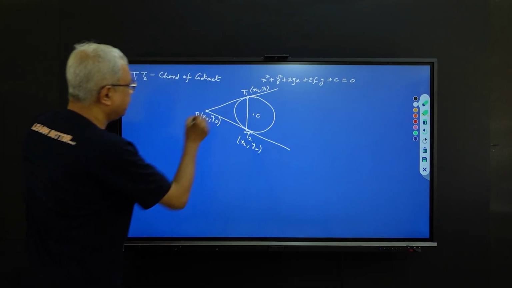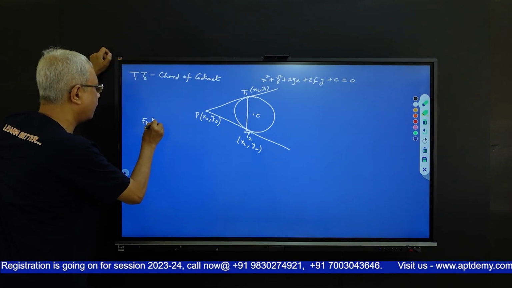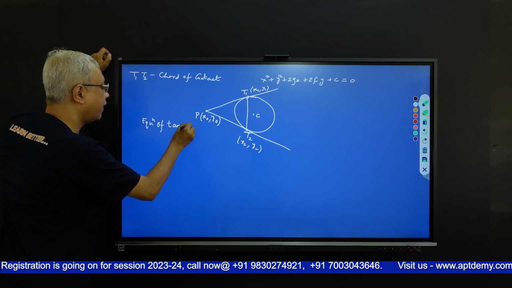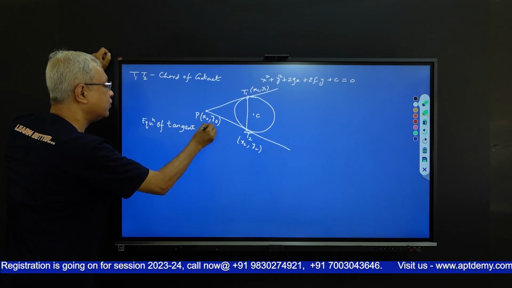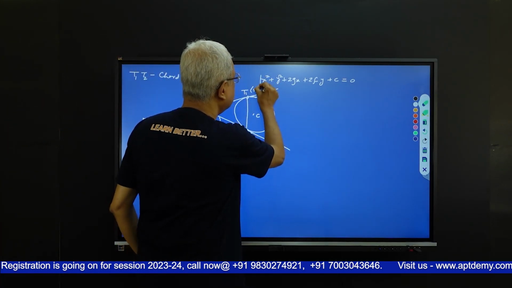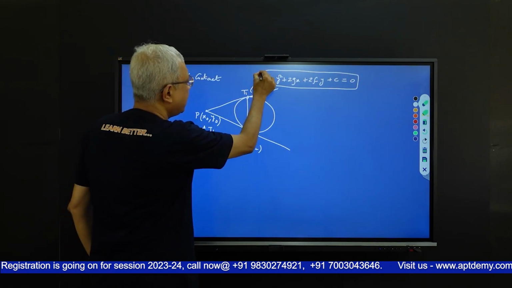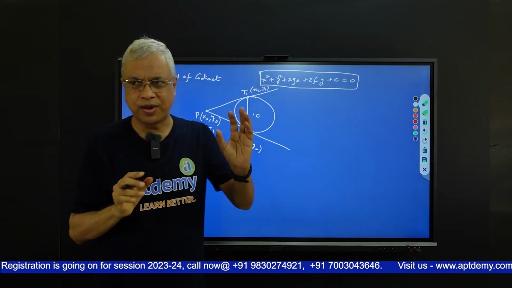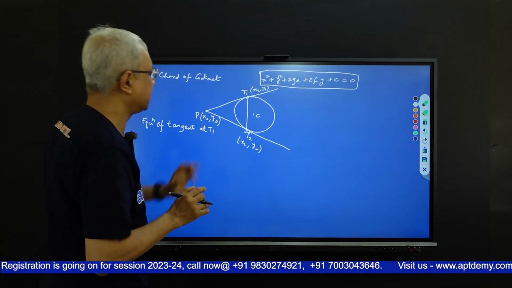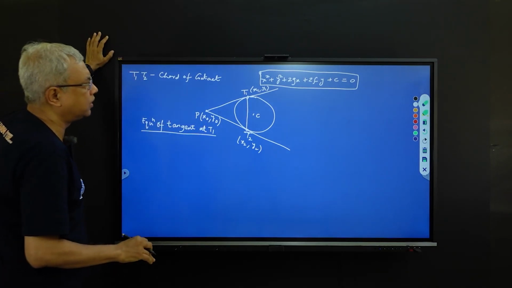Now, what is the equation of the tangent at T1 when the equation of the circle is given? So we know how to do that. I can readily write: wherever x square is there, I replace it by x x1, and wherever 2x is there, I replace it by x plus x1. This we know from our basic knowledge of coordinate geometry.